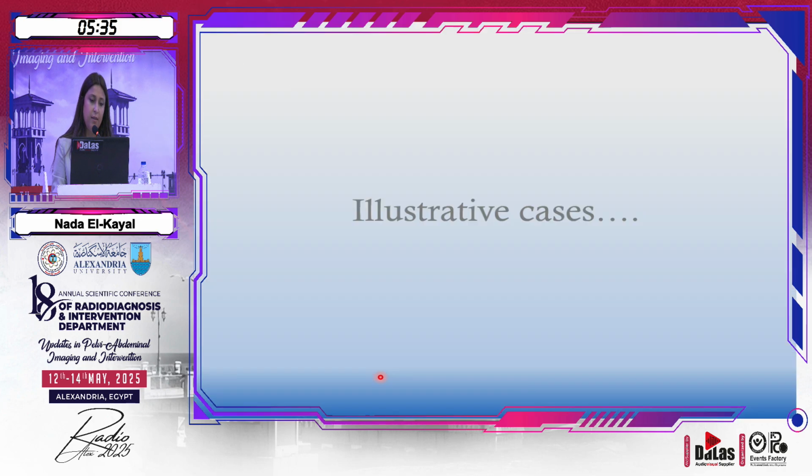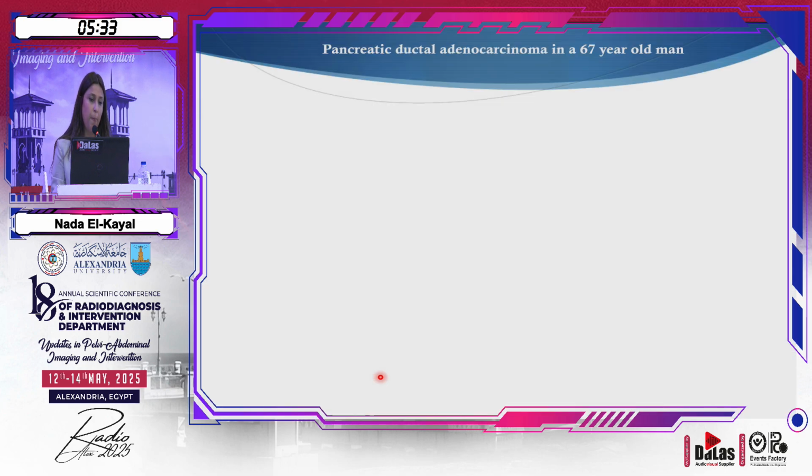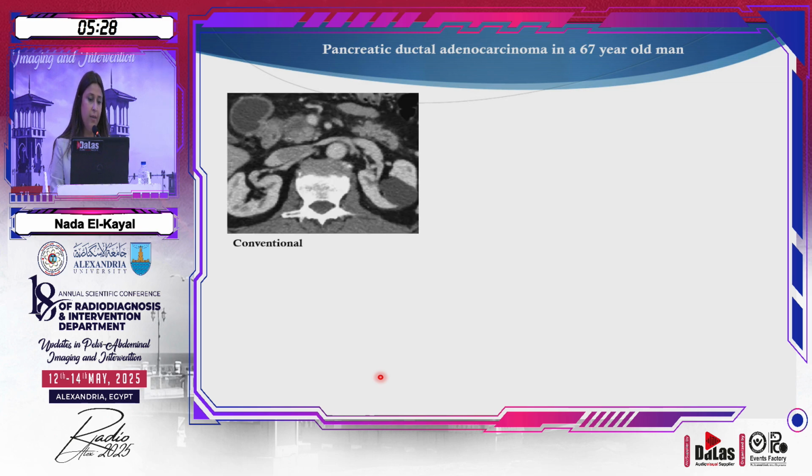Now I present some cases from our work. A pancreatic ductal adenocarcinoma in a 67-year-old man. On a conventional single venous phase image, the lesion appears ill-defined and slightly hypoattenuating and not easily differentiated from the surrounding pancreas, and it's seen reaching the medial border of the duodenum.